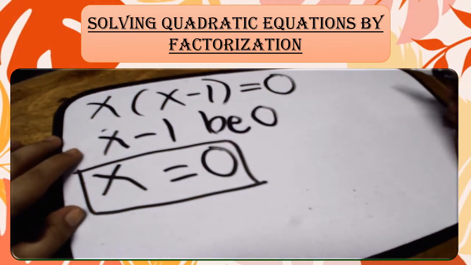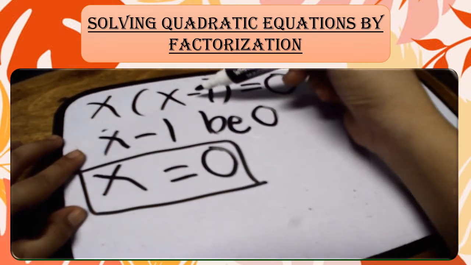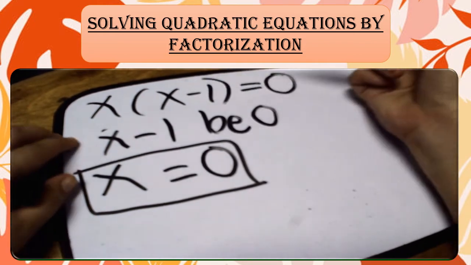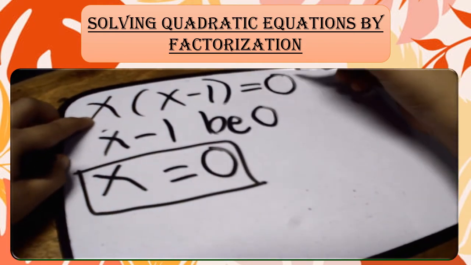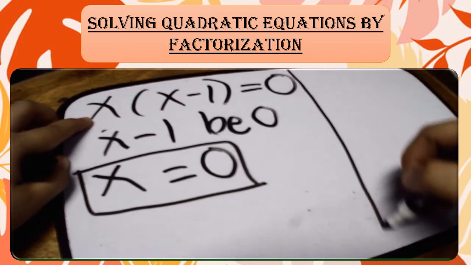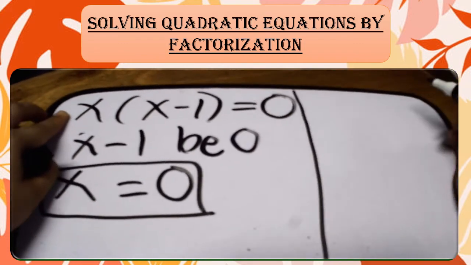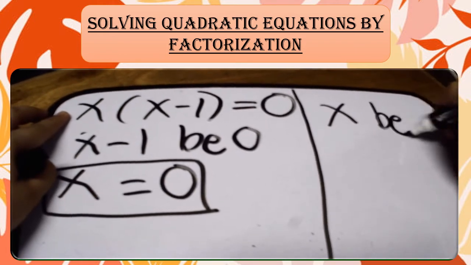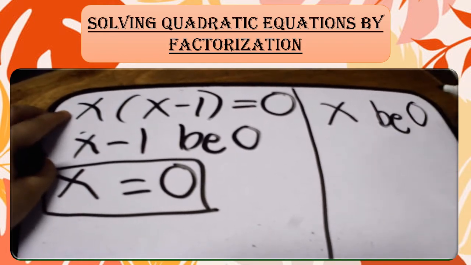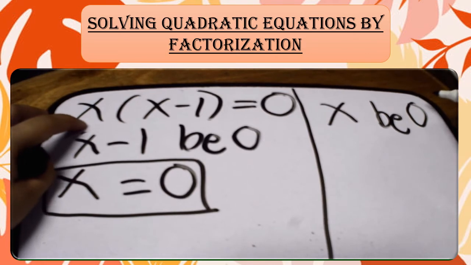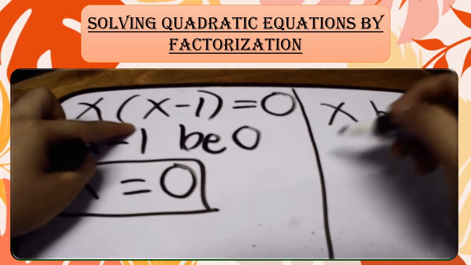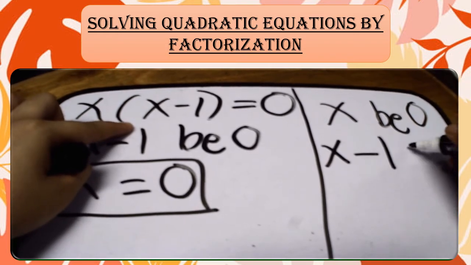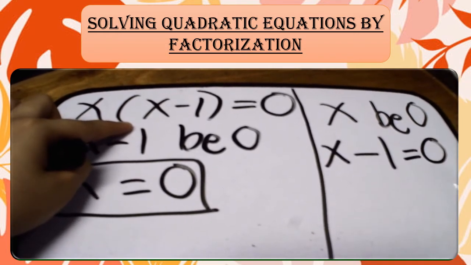Next, let's get the value of x minus 1. To get the value of x minus 1, let x be 0. Since x is 0, let's proceed to x minus 1 is equal to 0.